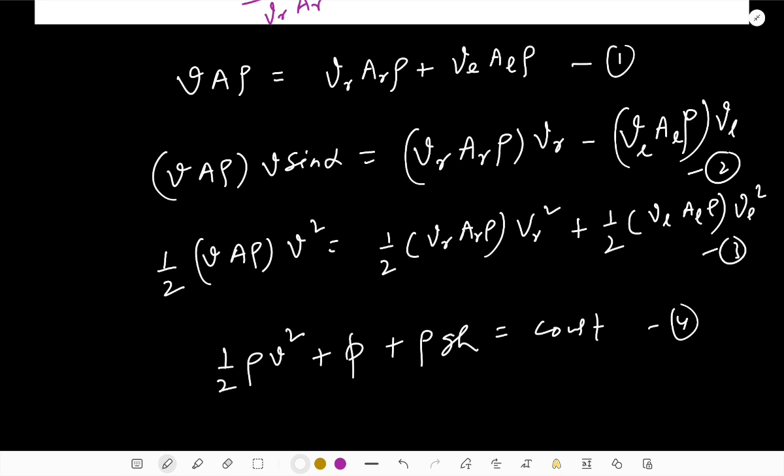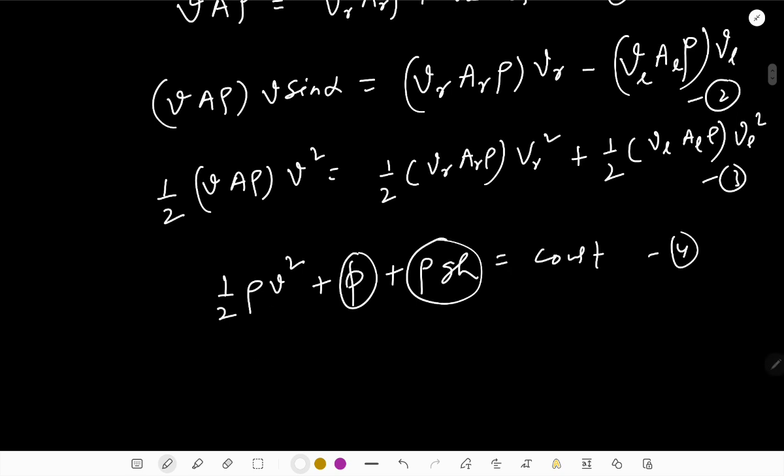Considering that we neglect the change in potential energy, and we also know that the pressure on the water jet is equal to the external air pressure, so this term will also cancel. So Bernoulli's equation says that half rho V square should be equal to half rho V_R square, and that means V must be equal to V_R.